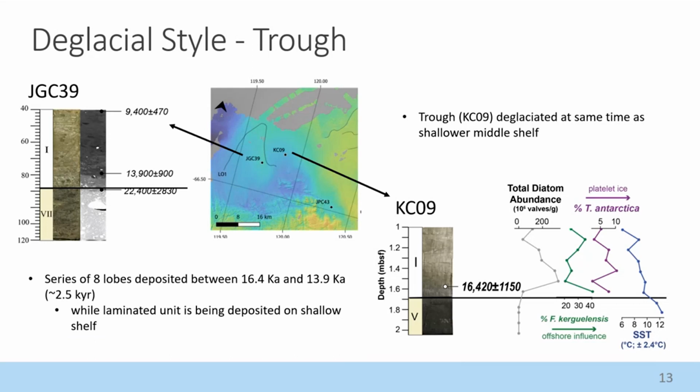And so using the age differences between KC9, since we think ice retreated, and JGC39, which records the latest age that these outwash deposits were being deposited, we see that they were mainly deposited in about 2,500 years, between 16.4 and 13.9 thousand years ago. And that's really interesting because that timing lines up to when we're seeing meltwater at our shallow middle shelf sites. And so we think that this outwash deposit was likely deposited by meltwater coming from the glacier.